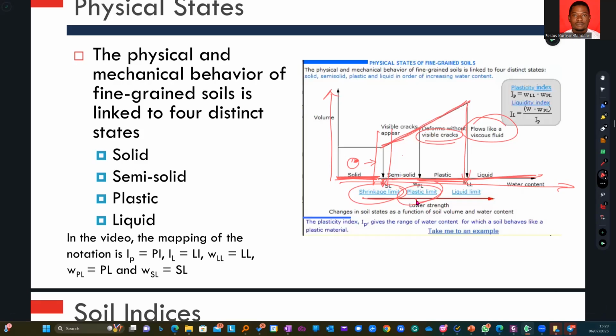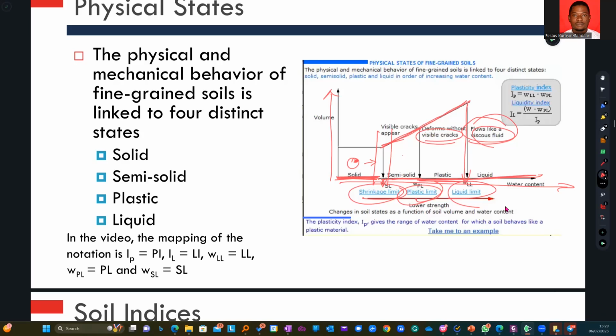Then we have the liquid limit: the water you are just about to add that will transform your soil sample into that viscous fluid is what we term as the liquid limit. That is the limit at which your soil sample will begin to behave as though it's liquid.